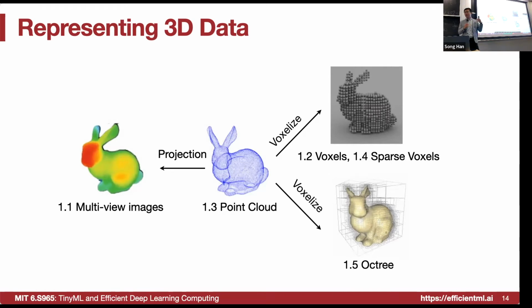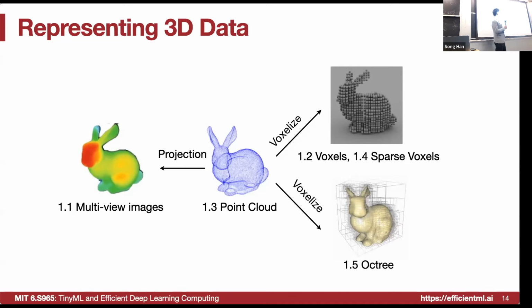Unlike images, where the representation is very straightforward, H by W by 3 RGB channels, a dense tensor, LiDAR is highly sparse, so people invented various methods to represent the 3D point cloud. We can use multi-view images from different perspectives to project the 3D object to 2D from different views, and use 2D neural nets to understand the 3D data.